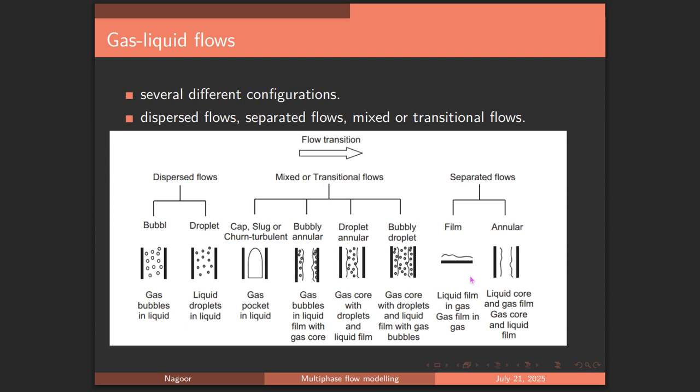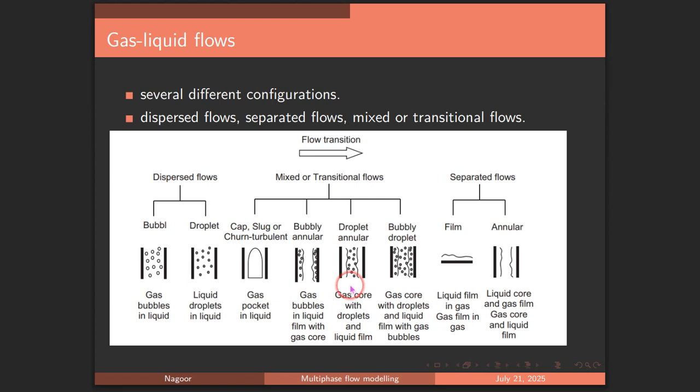And there is a third category called transition flows, which is very interesting, especially for application to process engineering. That can be called slug flow, where it's not dispersed bubbles, but a huge slug of gas packets flowing along with the liquid continuous phase. And there can be bubbly annular flows, where bubbles form only in an annular film region and the center is a gas core.